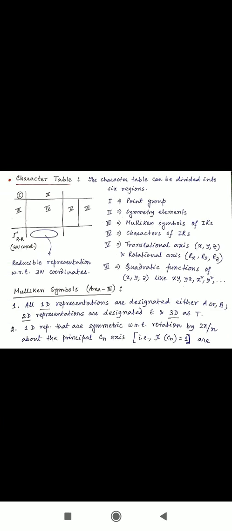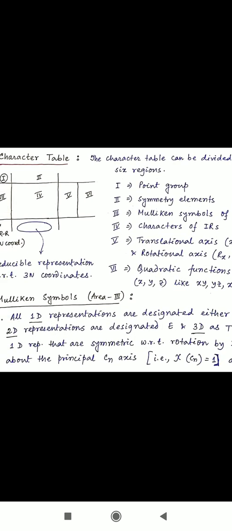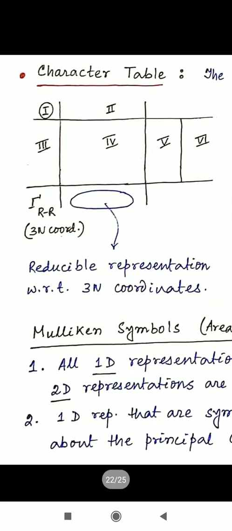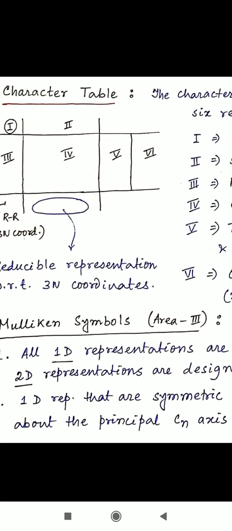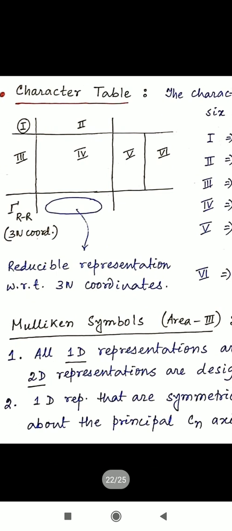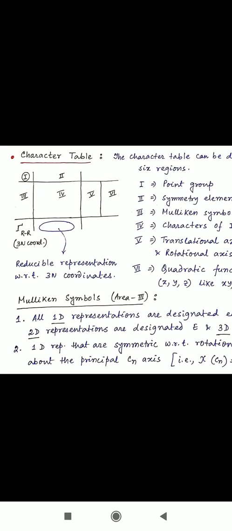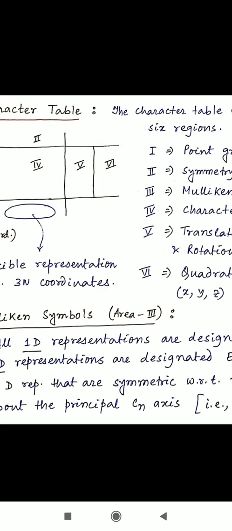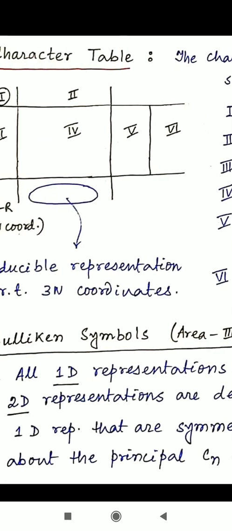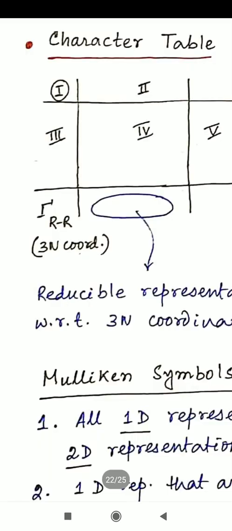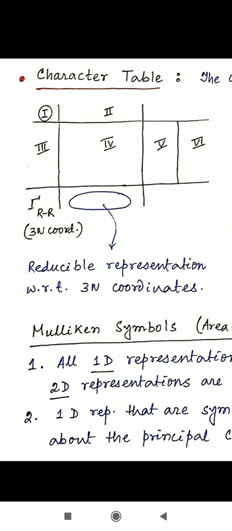To summarize the character table: at number 1 we write the point group, at number 2 the symmetry elements, at number 3 the Mulliken symbols of the irreducible representations, at number 4 the characters of the irreducible representations, at number 5 the translational and rotational axes, and at number 6 the quadratic functions of x, y, z. In the bottom portion we write the reducible representation with respect to the 3n coordinates.